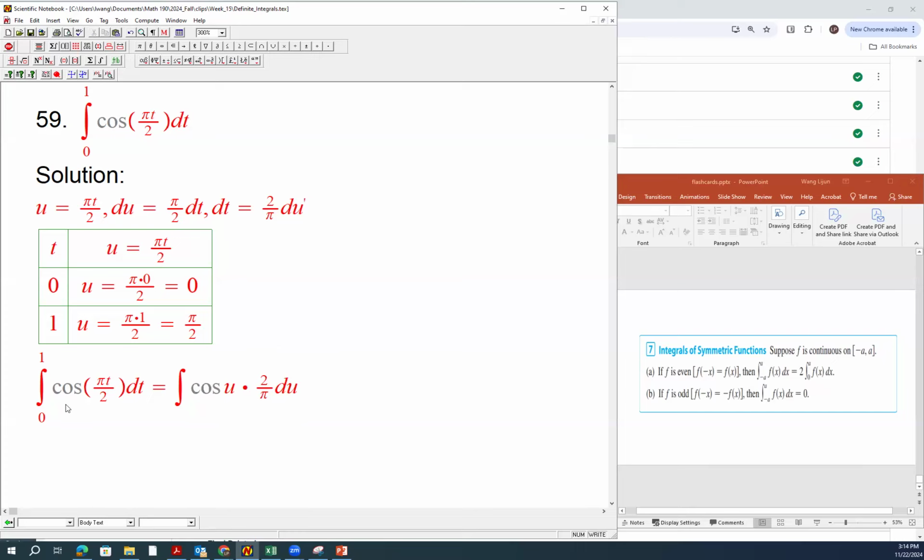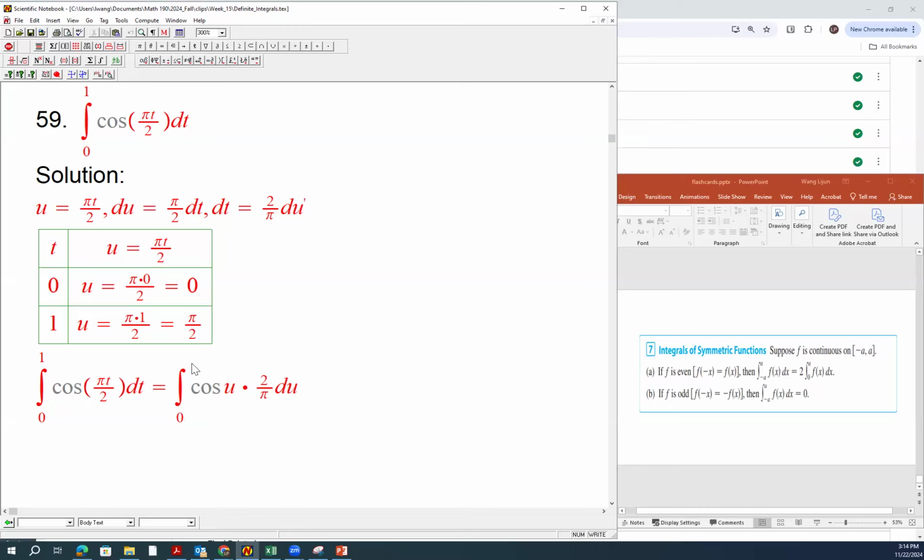And how about the limits? The limit, you cannot keep it at 0. If you do, you're going to lose points. So the limits are also going to be changed. That's going to be the limit for u. So when t equals 0, u equals 0.